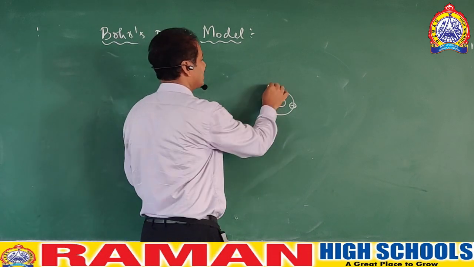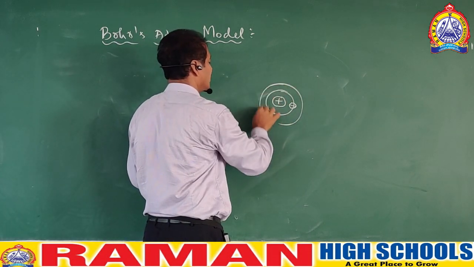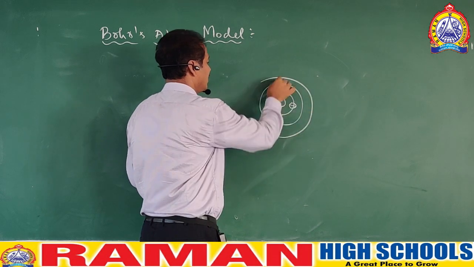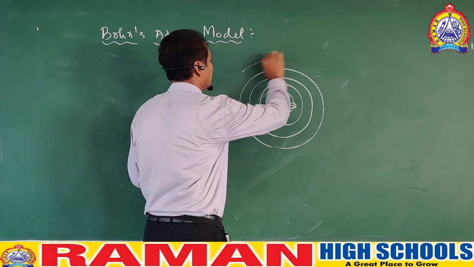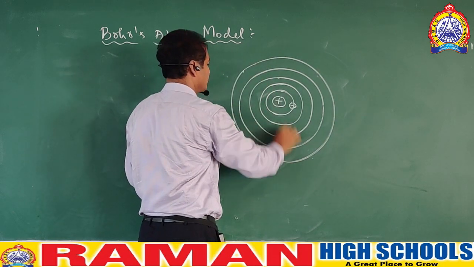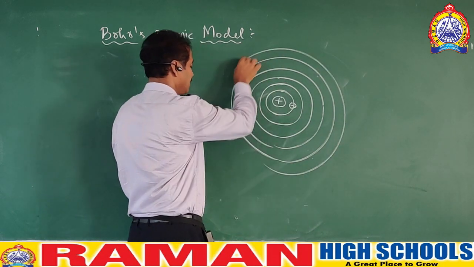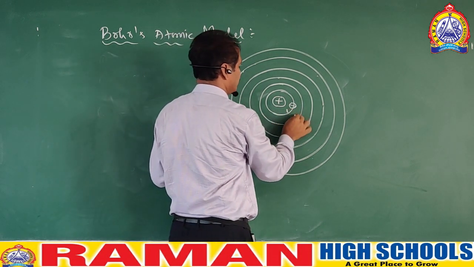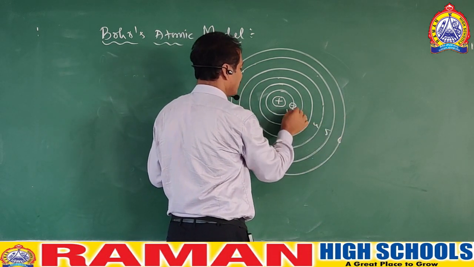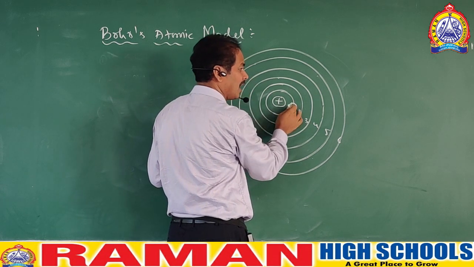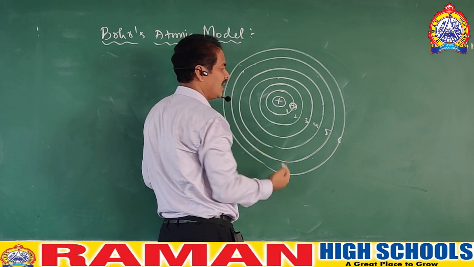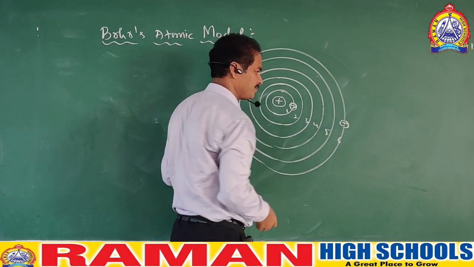We supply energy to this electron, and when the energy is supplied, the electron jumps from a lower orbit to a higher orbit, say 2, 3, 4, 5, 6. Now the electron has absorbed energy and gone to the 6th orbit.